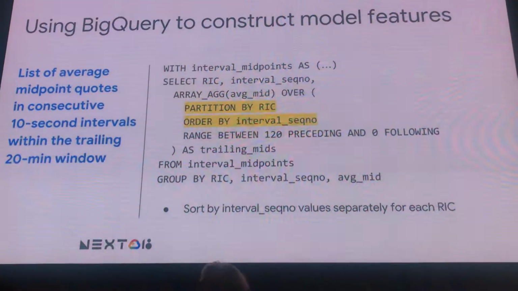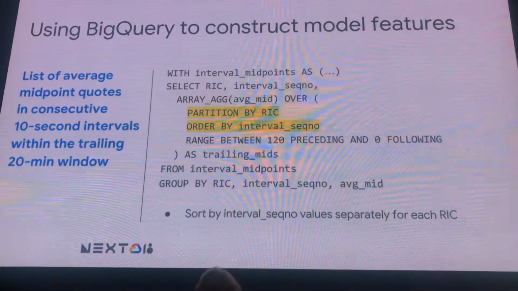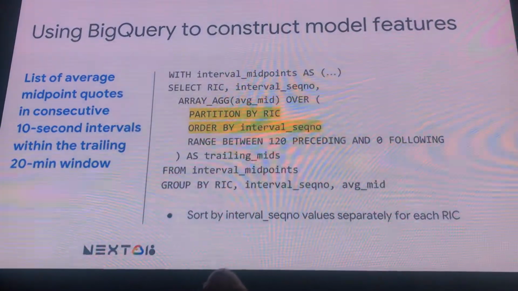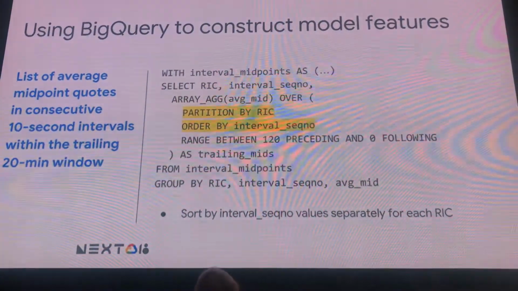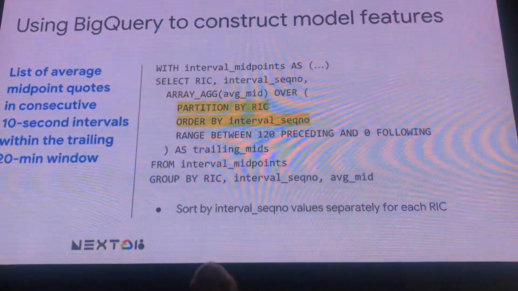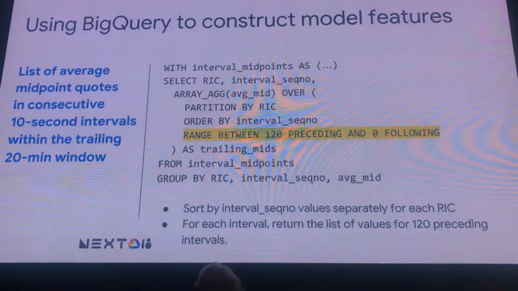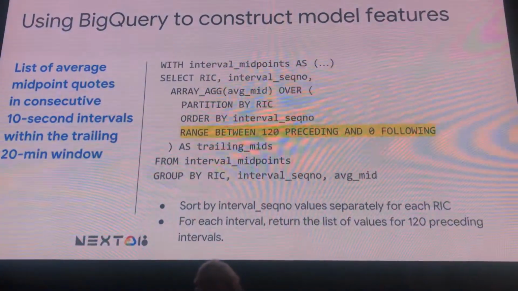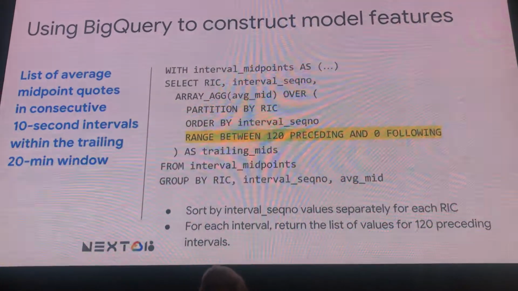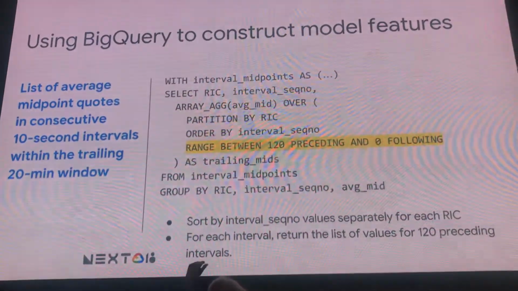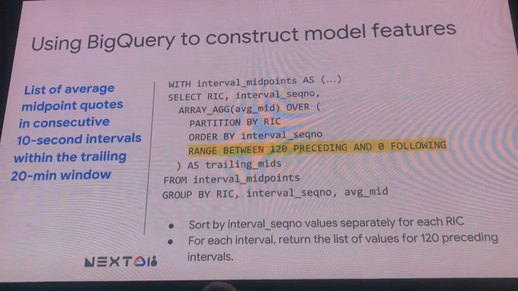So partition data by RIC, by stock identifier. Within each partition, we order rows by interval sequence number. And with this ordering, for each row we take 120 preceding rows and make a list of them and return this as the output of the query.